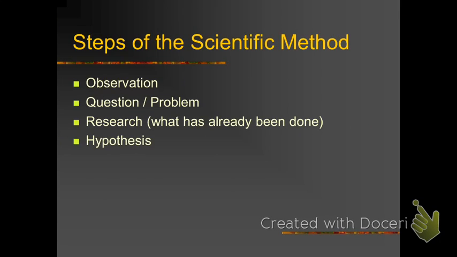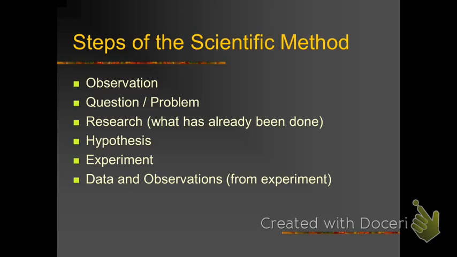Next, we form a hypothesis, then experiment. From the experiment, we gather data and observations, maybe in the form of numbers in a data table or a graph. And then finally, we form our conclusion and report that to others.